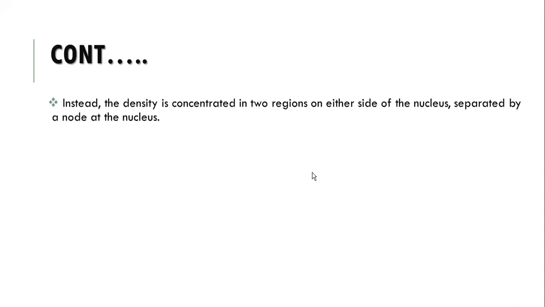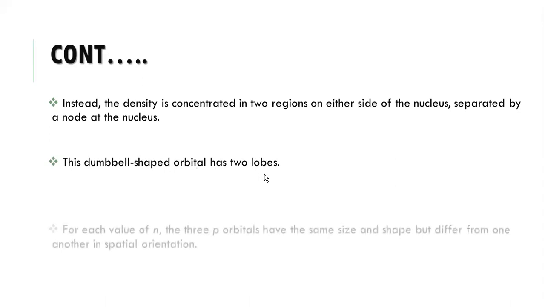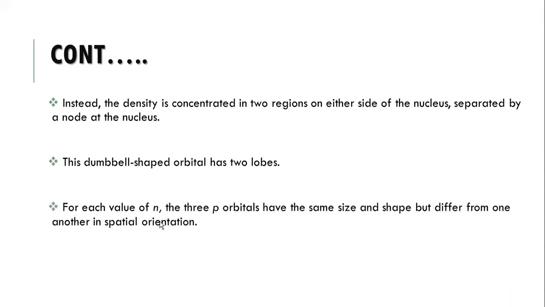Instead, the density is concentrated in 2 regions on either side of the nucleus, separated by a node at the nucleus. So the dumbbell-shaped orbital has 2 lobes. For each value of n, the 3 p orbitals have the same size and the same shape but differ from one another in spatial orientation.